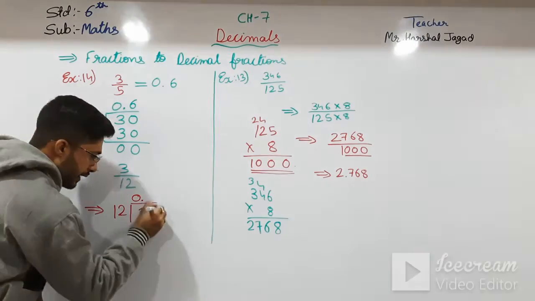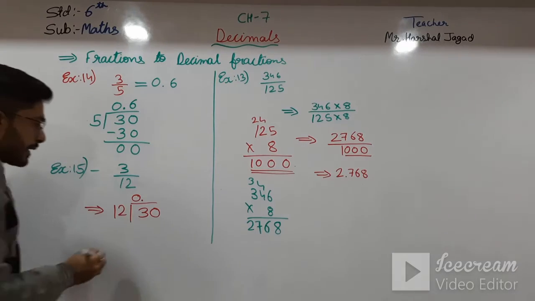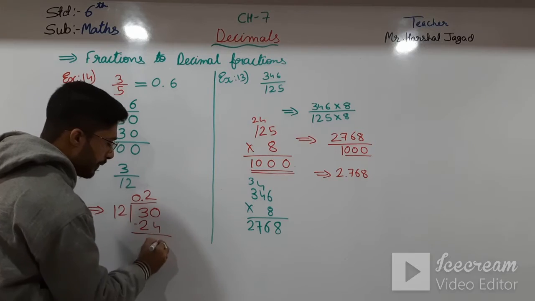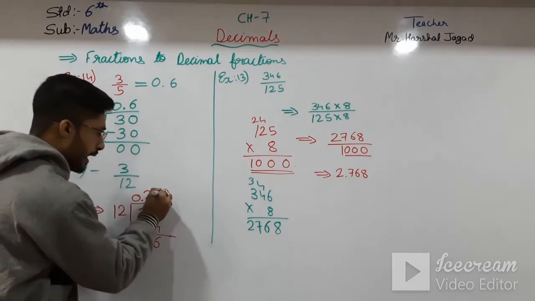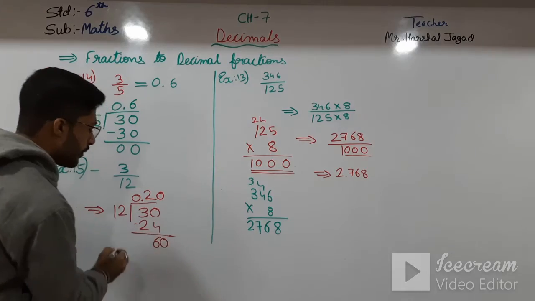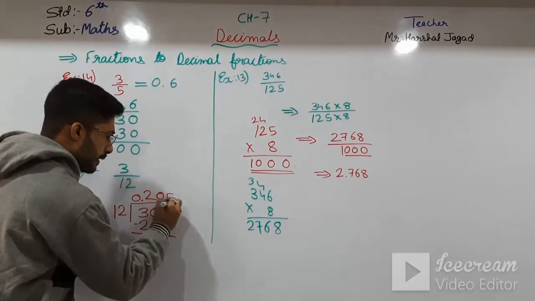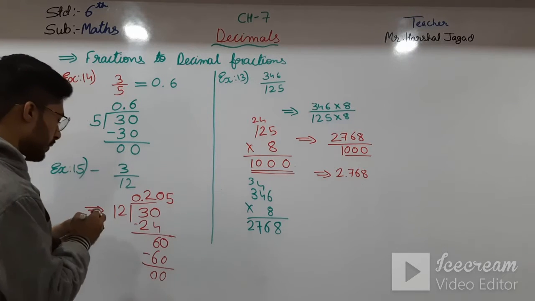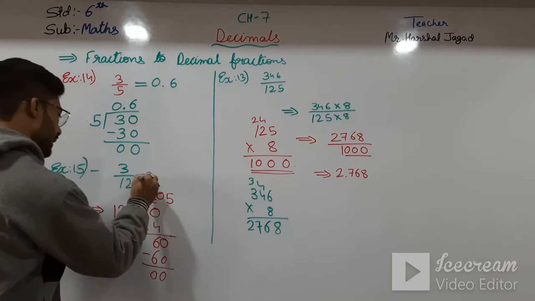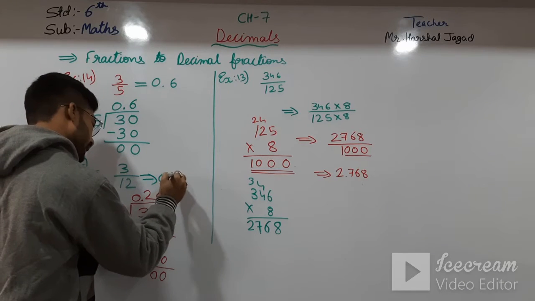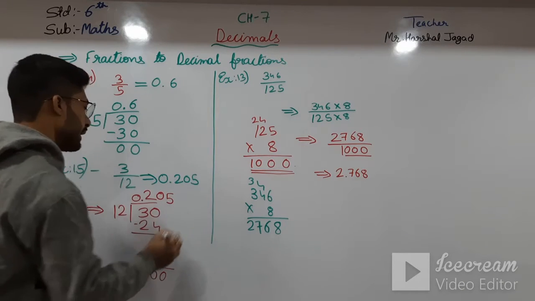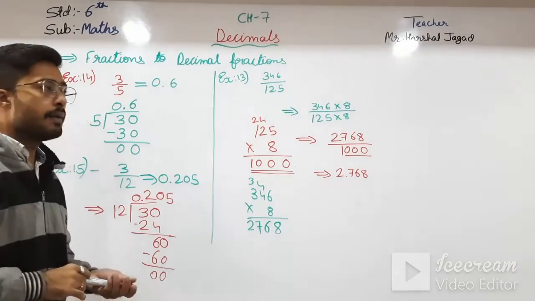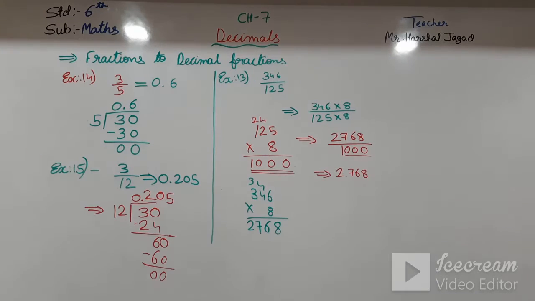Then here it will be 30. 12 twos are 24, and here 6 remains. And if I add a 0 here, then 12 fives are 60. So your answer is 0.25. Please note this down, students, and we will move further.